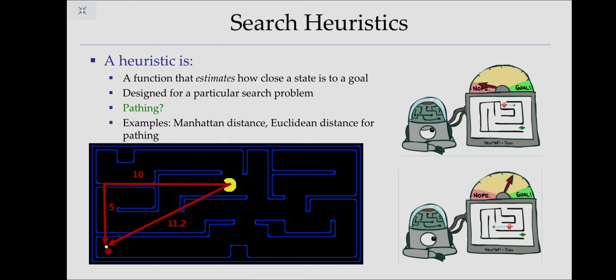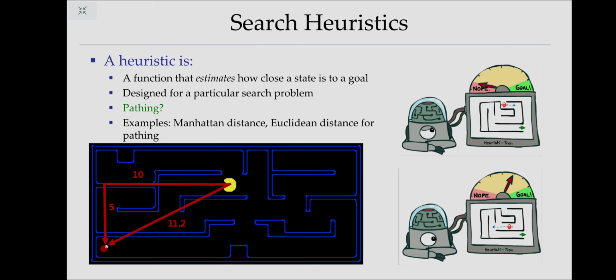That is less than the Manhattan distance between the source and target, but both values are heuristics because both values estimate the distance between the agent and the goal state.